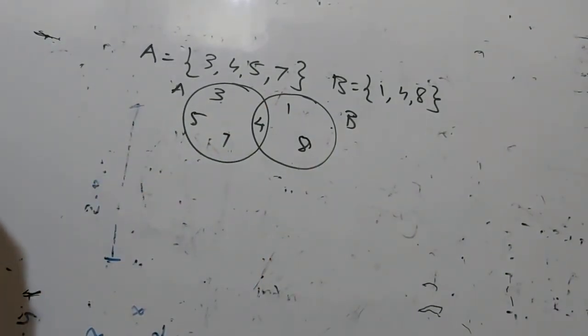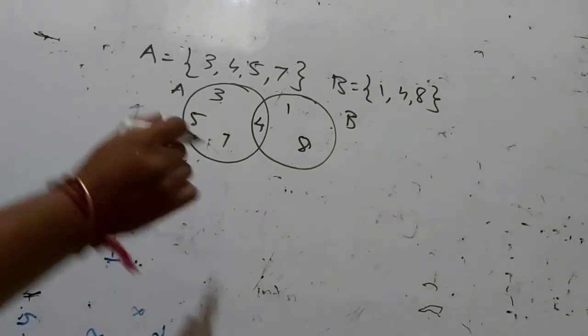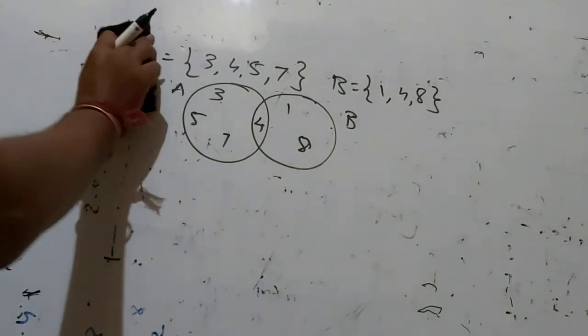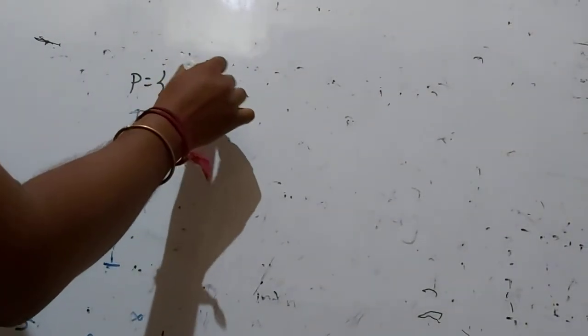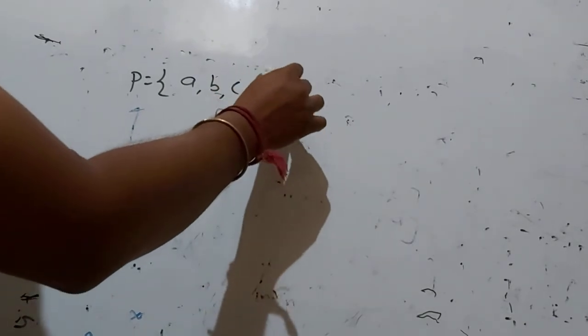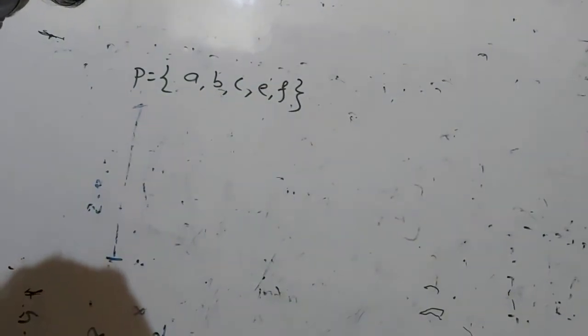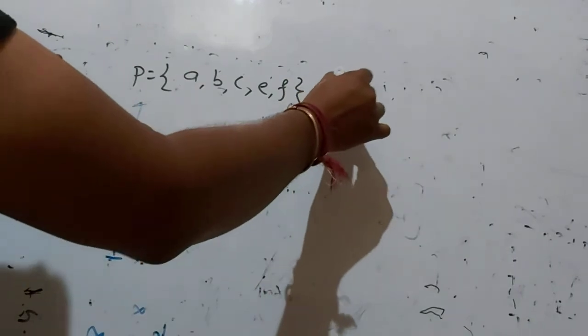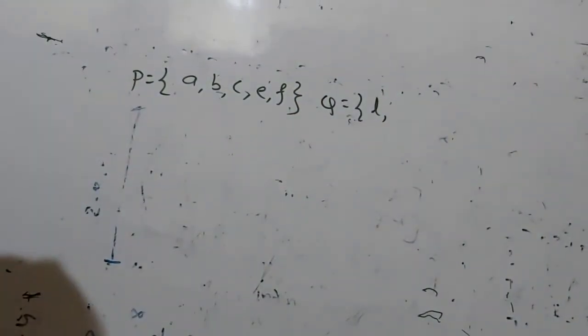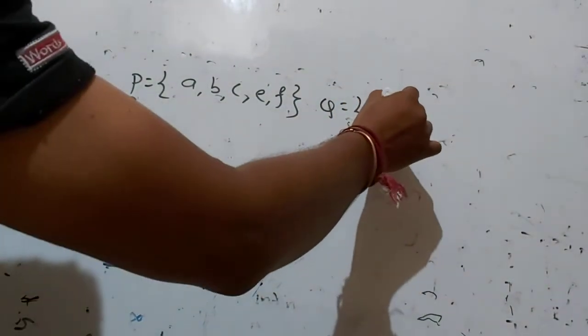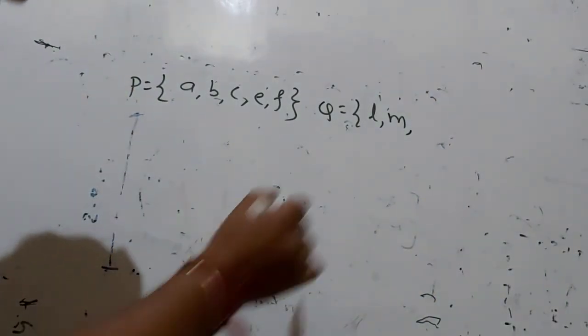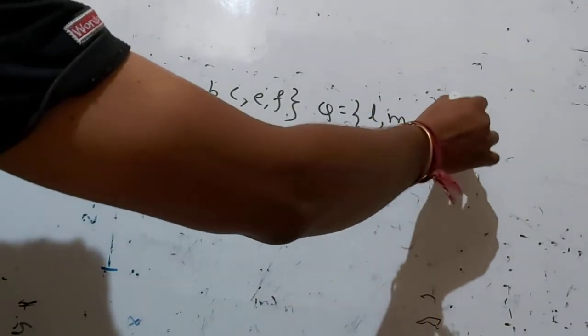In the same way, question number 2 is there. Set P has the elements A, B, C, E, F, and Q is equal to {L, M, N, E, B}.